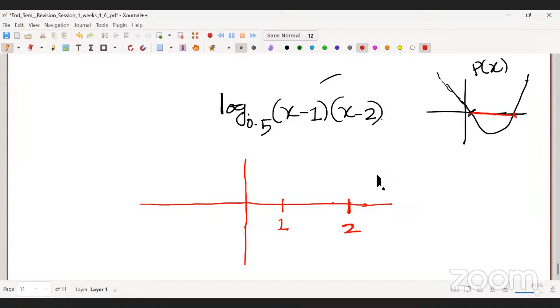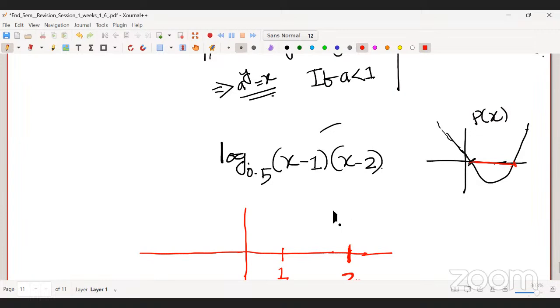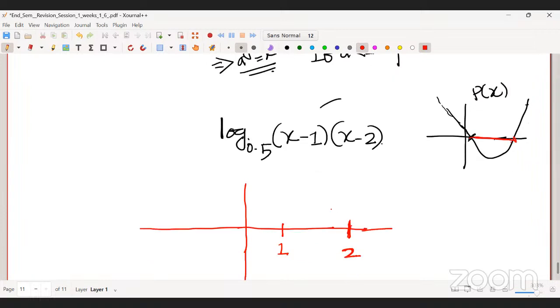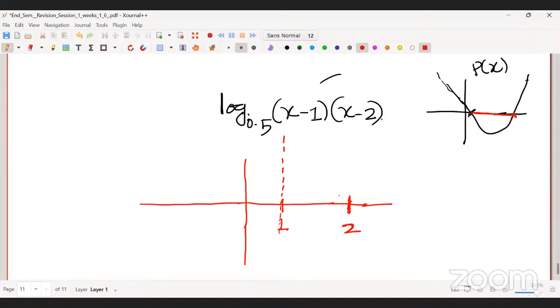So again the same thing will happen. You will have two vertical asymptotes, one at 1 and one at 2.